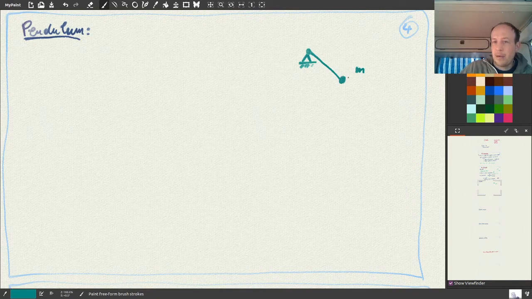So now this will fall down because there's still the gravity acting on it, but because it's confined to the string, it will have to move this way, and it can move that way.